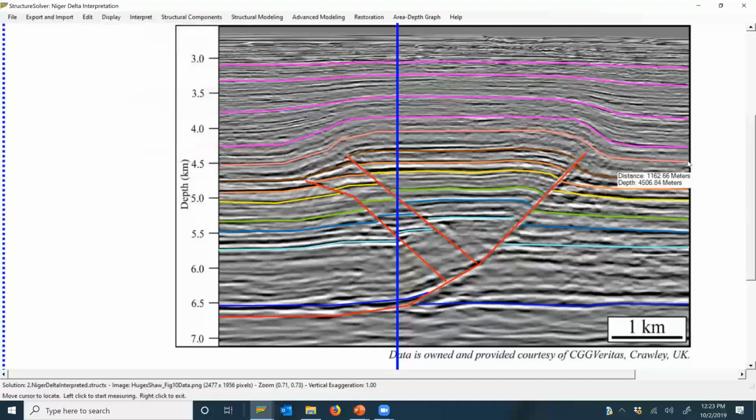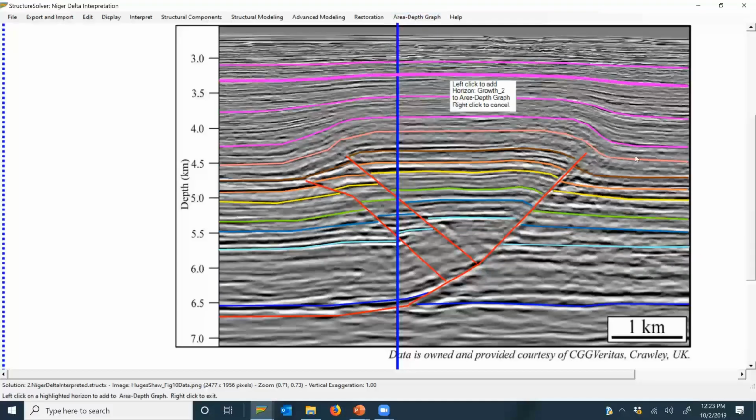So for example here, if we draw a horizontal line across the section for that orange horizon, you can see that those horizons essentially return to the same depth in the footwall as in the hanging wall. And that in itself generally implies a flat detachment for the structure.